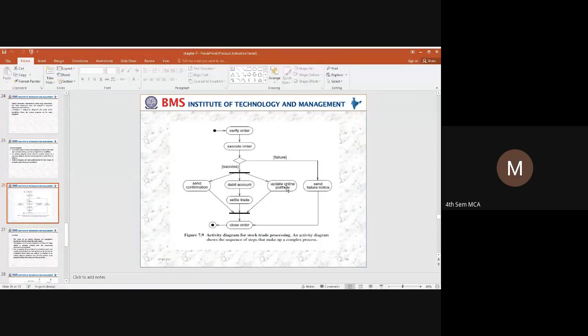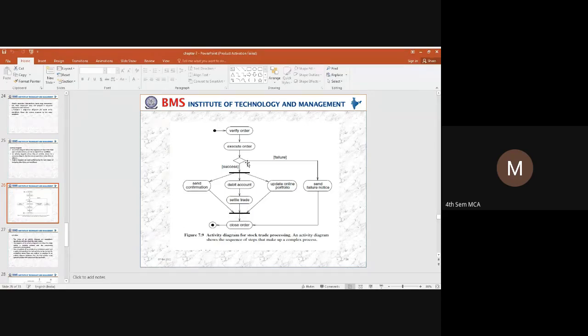Once these stages are completed, after debiting from the account, it will settle the trade. That means there is no other payment that has to be done. It is going to generate a receipt for the transaction. Then it will combine all the processes together and close the order.